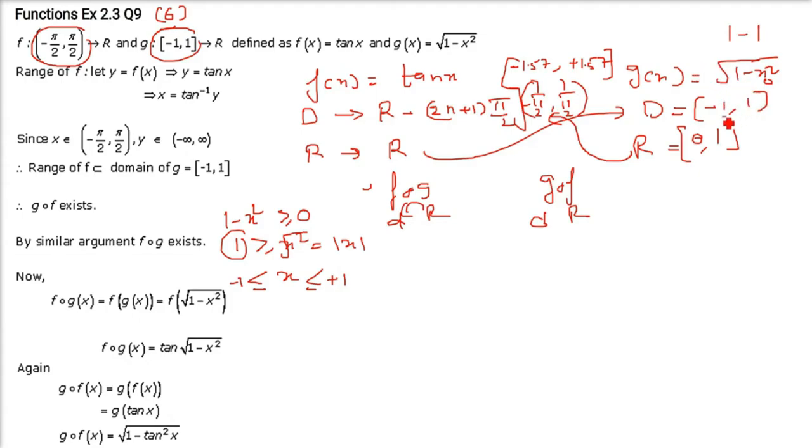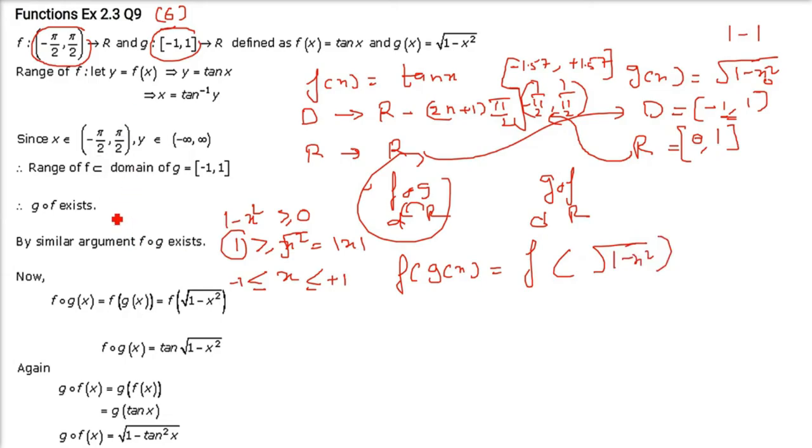I'll tell you in a coming question how to do that, because we have to define a range or a domain for which it is legal or defined. But f of g(x) is simply f of under root 1 minus x square. Take this under root 1 minus x square and put it inside f(x). So tan of under root 1 minus x square, in place of x I replace under root 1 minus x square.